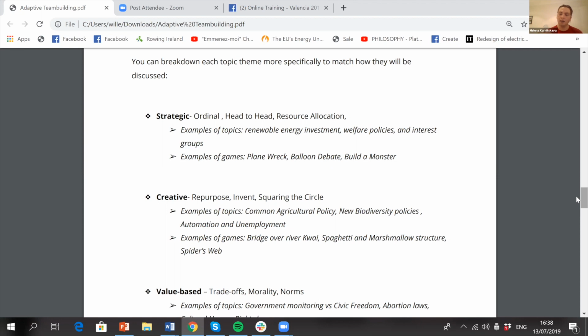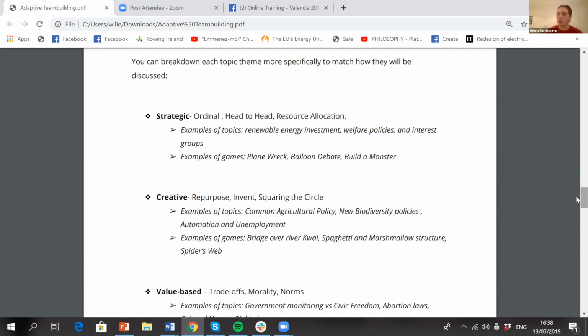And then you have inventing: completely new issues and ideas that have never been touched on before, and you need to be completely new and creative, and that's the most traditional form of creativity when we think of it. A good example of that is new biodiversity policies, or even issues that haven't really been thought of until the time you're actually discussing it.